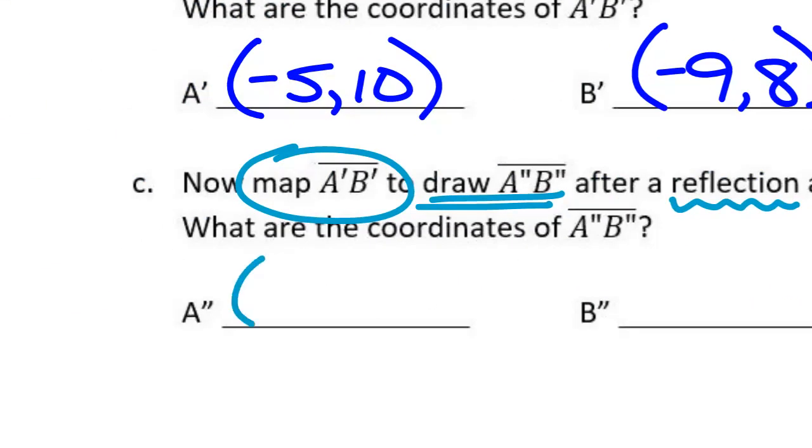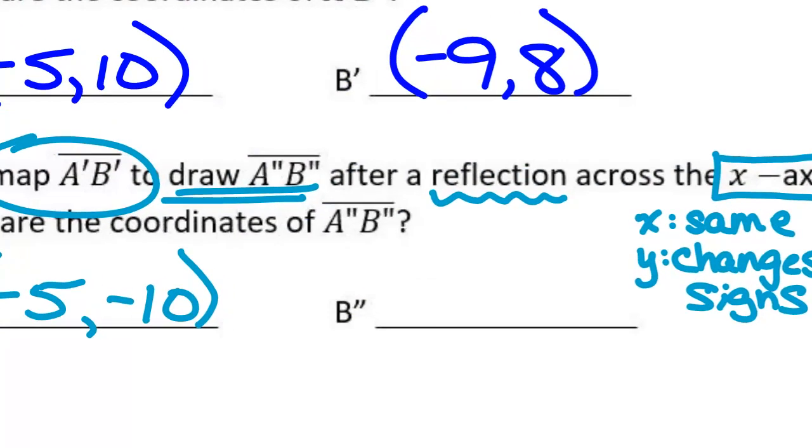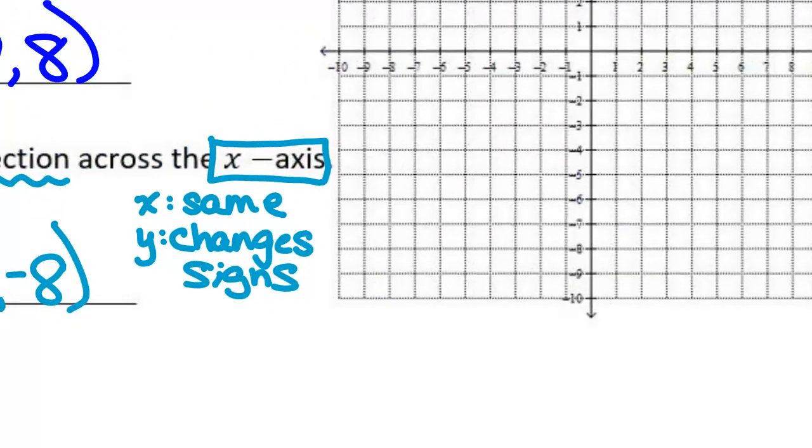So for A double prime, x stays -5, but y becomes -10. For B double prime, x stays -9, but y becomes -8. So (-5, -10) would be right down here for A double prime. (-9, -8) is right here for B double prime. And then we grab our straight edge and connect those two together.